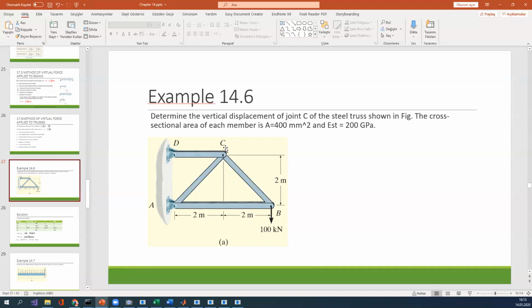For the Castigliano theorem, we put a force P in here, okay? And we don't need two types of loading, okay? We put a force P in here and 100 kilonewton in here, and we try to find all member forces by using this loading system.